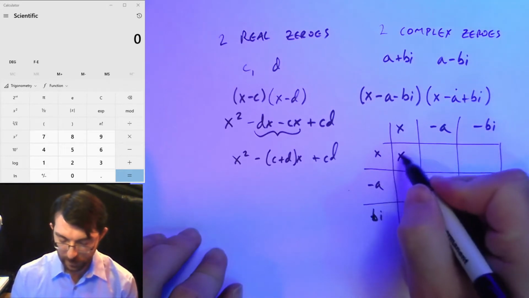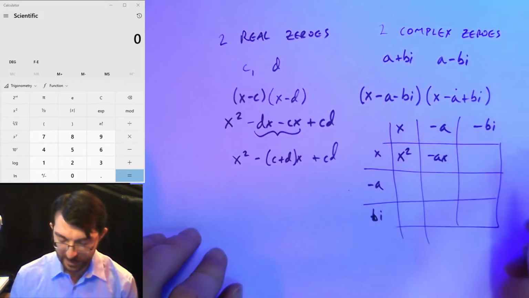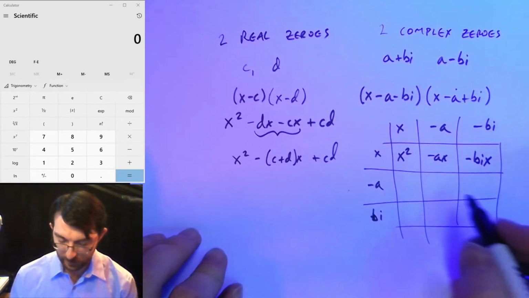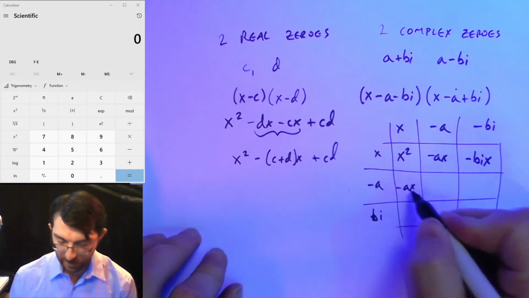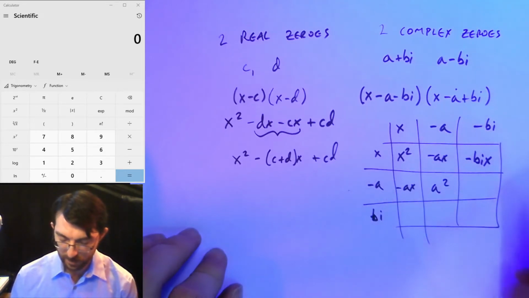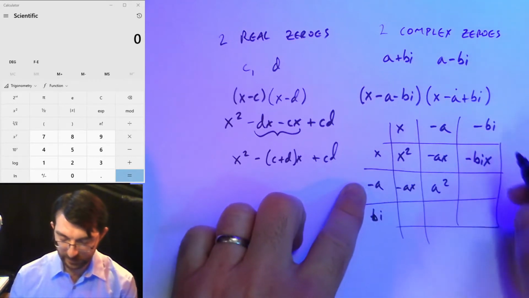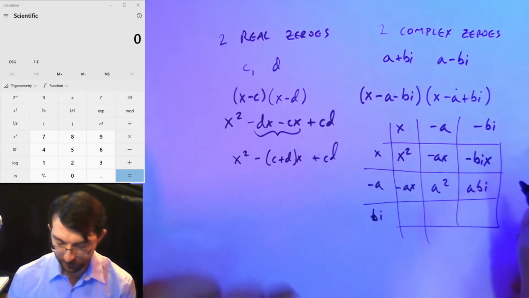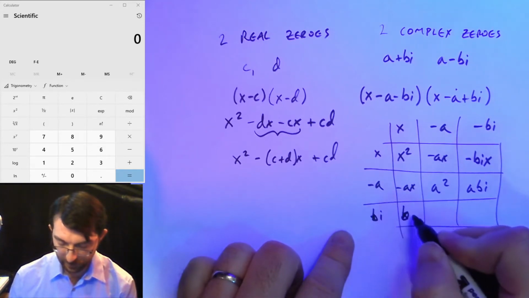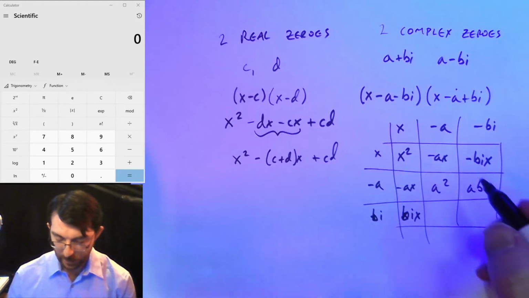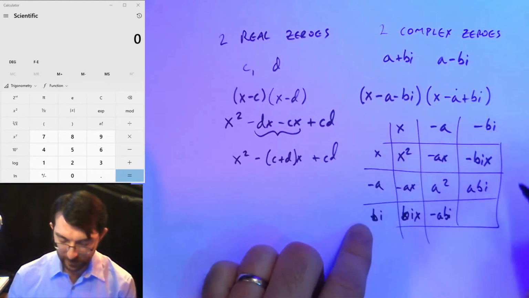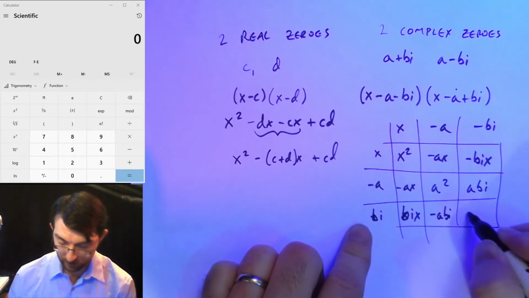Okay, so x squared minus ax minus bix, minus ax plus a squared. The negatives cancel, abi, xbi, or I guess bix would be more appropriate, minus abi, and plus b squared.